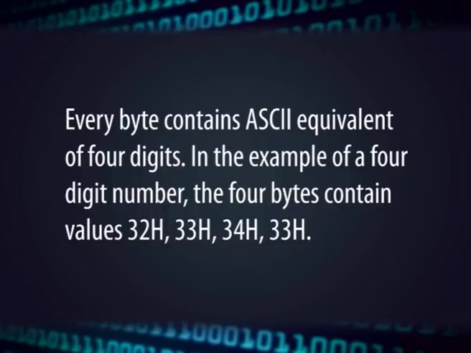In this example of a 4-digit number, the 4 bytes contain the values 32 hex, 33 hex, 34 hex, 33 hex, which are nothing but the ASCII equivalents of 2343. The instruction operates and adjusts only on the register AL, and therefore it is mandatory that the result be brought into the register AL.